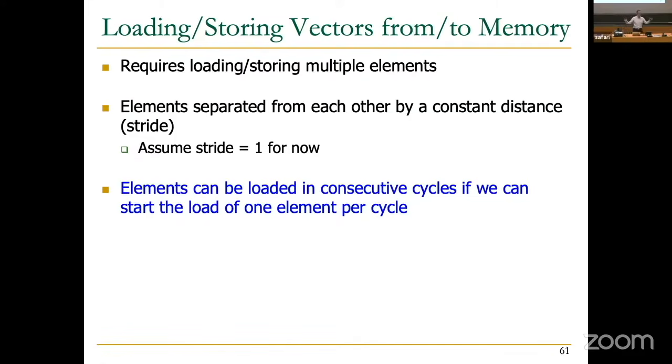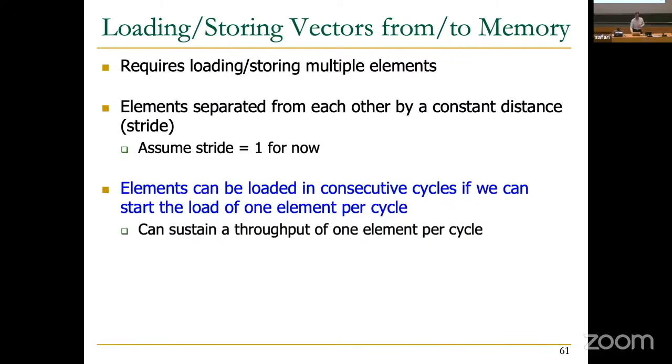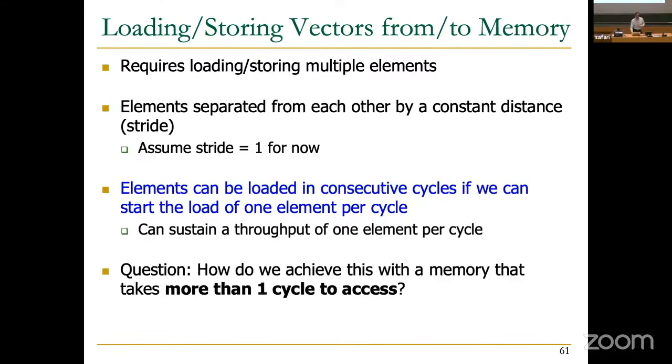N is the memory latency. Memory latency is hard to reduce for reasons we'll discuss later. So we should be able to start 1 element per cycle and get 1 element per cycle, 1 memory operation per cycle, and get 1 element per cycle every cycle, essentially. So that's basically our goal. So the problem is, how do we achieve this with a memory that takes more than 1 cycle to access? Right?